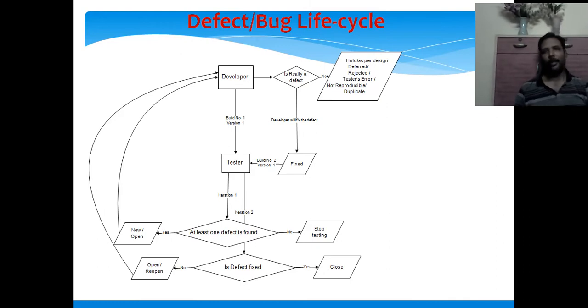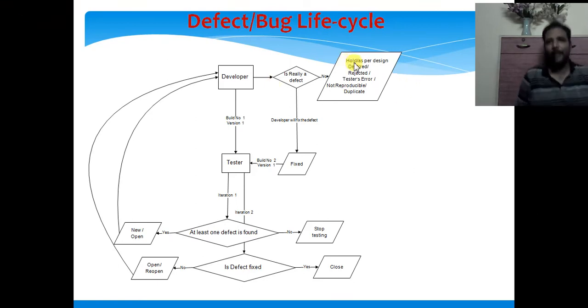If there are no resources available to fix the defect, then he will keep the status as hold, and he has to give the reasons for keeping it on hold.